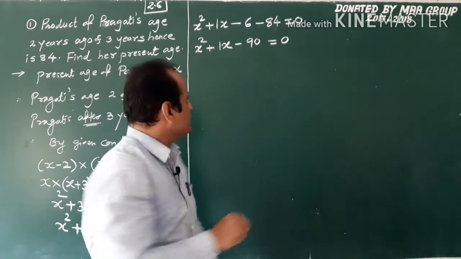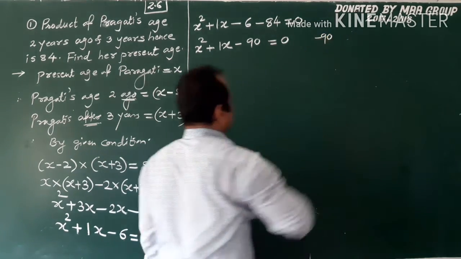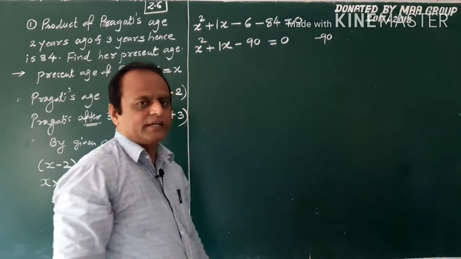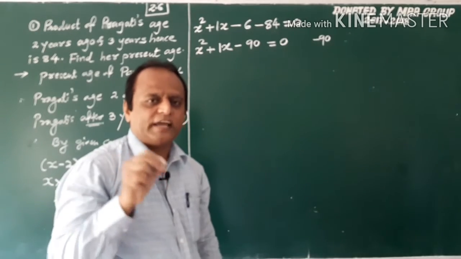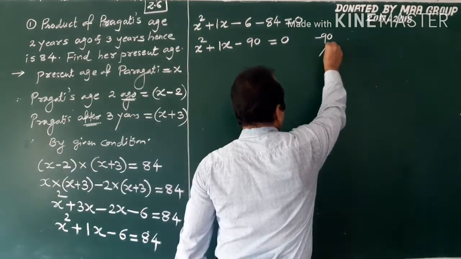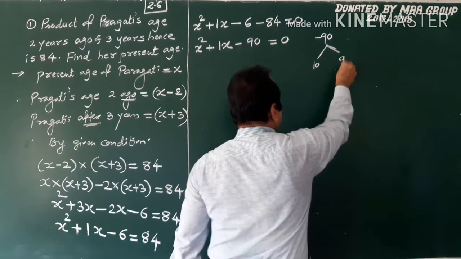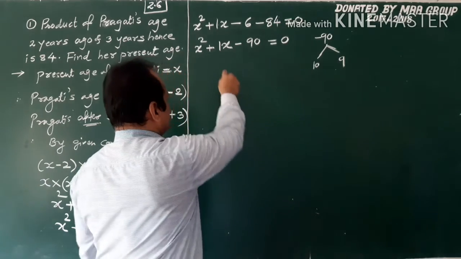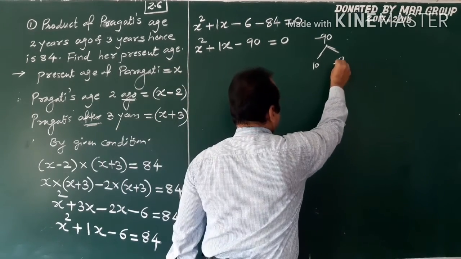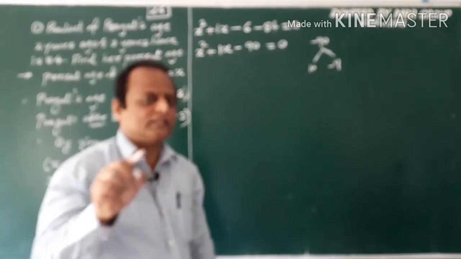Now look here, the product number is minus 90 and the addition number is 1. So we have to find the factors of 90 with minus sign. One pair comes to my mind, that is 10 nines are 90, and as we have to find plus 1, give minus to the smaller number, then we get 10 minus 9 is 1.